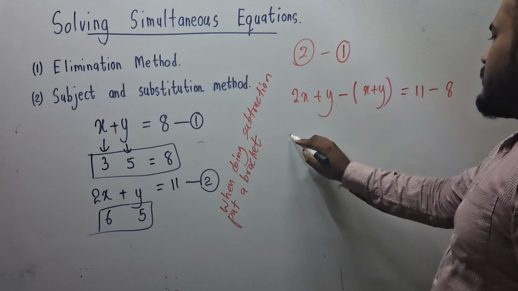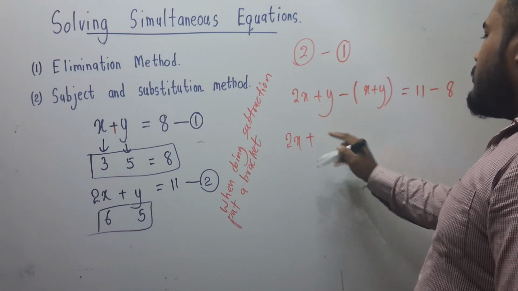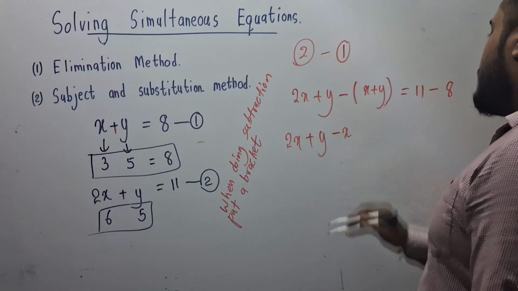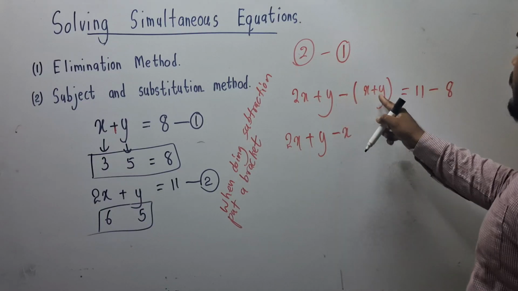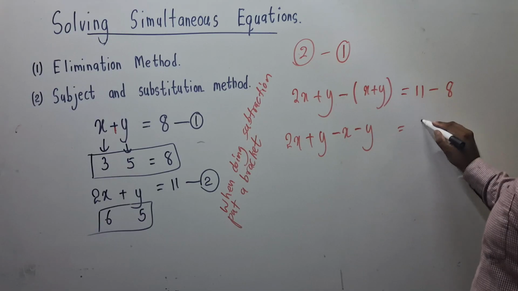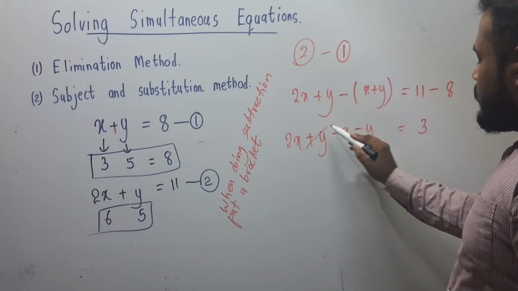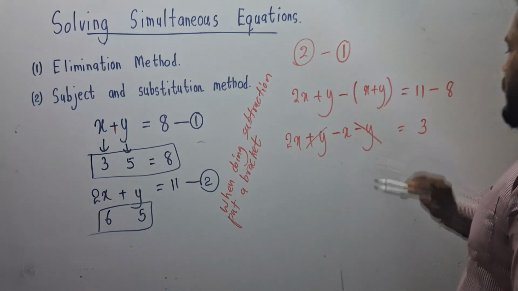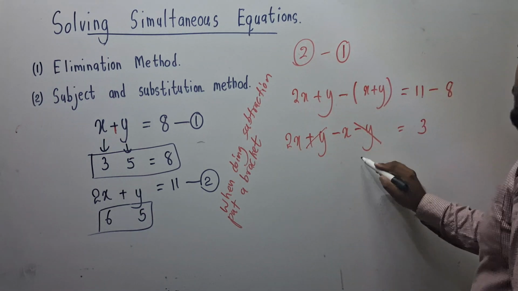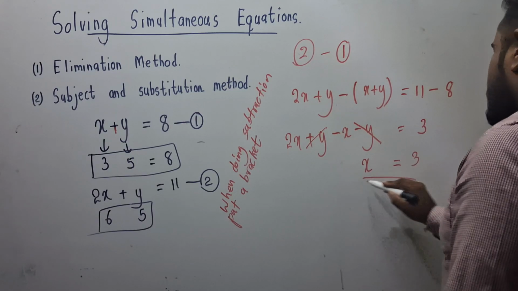Then what happens is 2x can be written as 2x, plus y can be written as plus y, minus times x becomes minus x, and minus times plus y becomes minus y. 11 minus 8 becomes 3. Now can you see here is a plus y and here is a minus y. They get cancelled. Then 2x minus x becomes x. x equals 3.